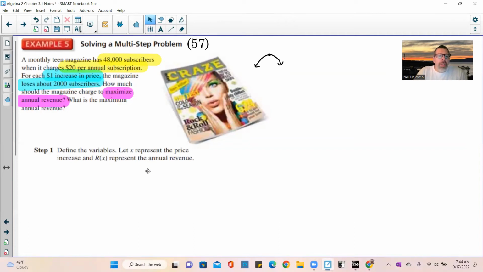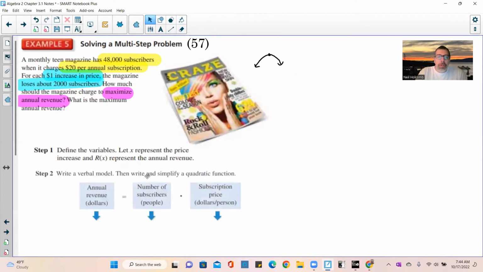And then once we do that, we want to come up with a verbal model and write and simplify a quadratic function. So we have annual revenue in dollars equals number of subscribers, which is people, times subscription price, dollars per person. So what I want to do is call this r of x.